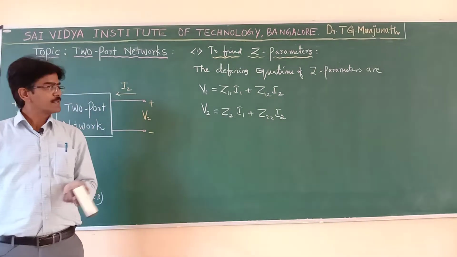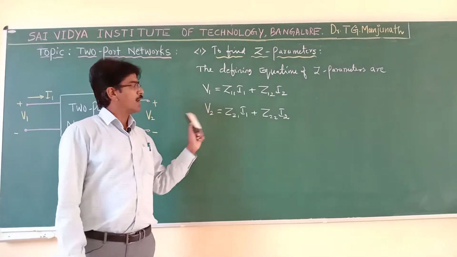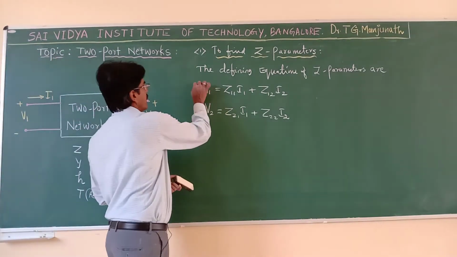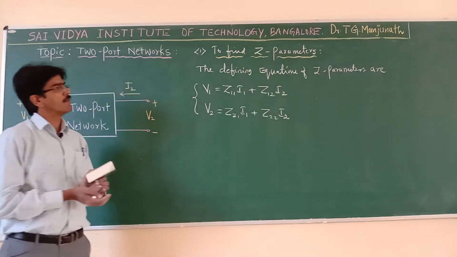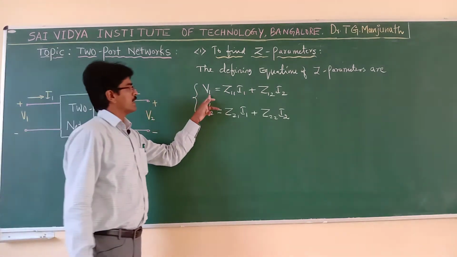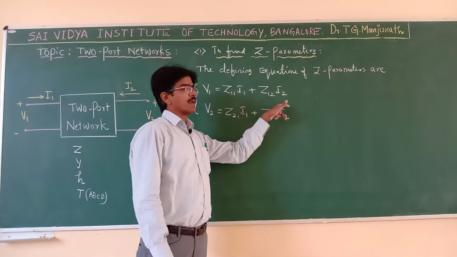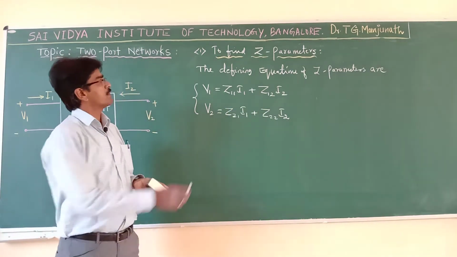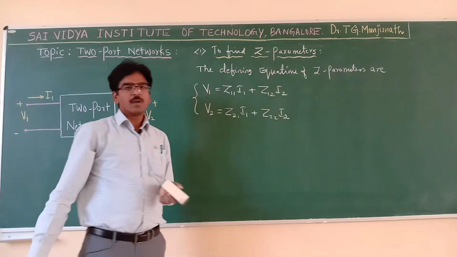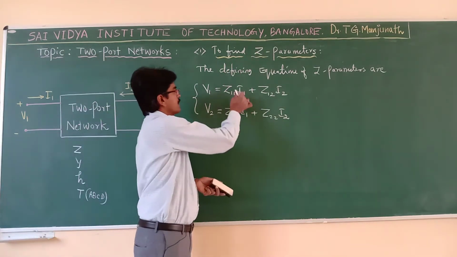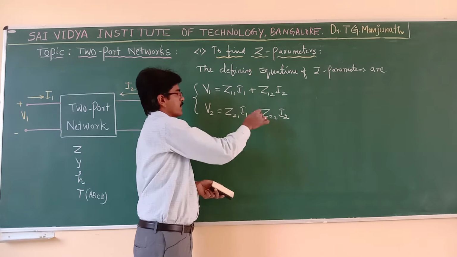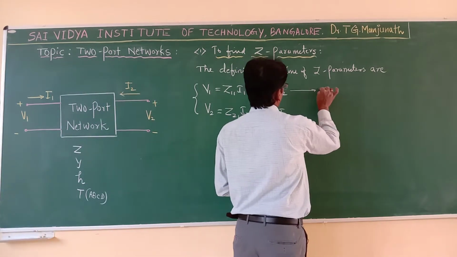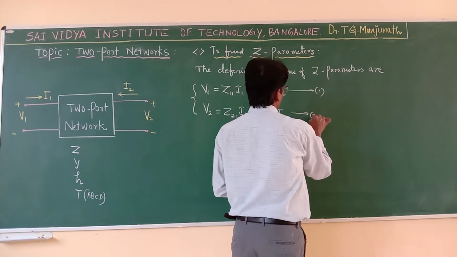You have to memorize these equations or remember the table which I gave in the last class. These are the defining equations of Z parameters: V1 depends on I1 and I2, and V2 also depends on I1 and I2. Now, my intention is to find the Z parameters, which are Z11, Z12, Z21 and Z22. Let this be equation number 1, and this equation number 2.